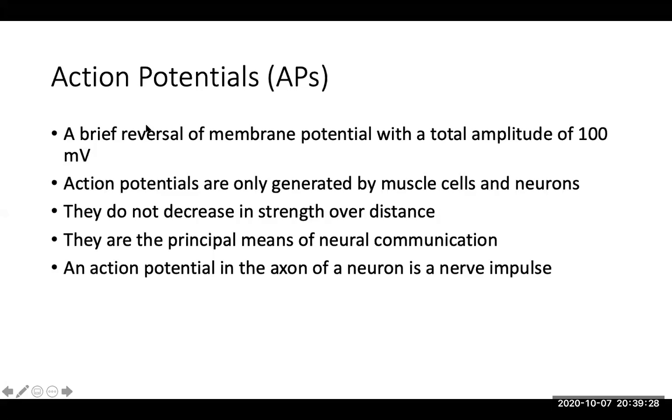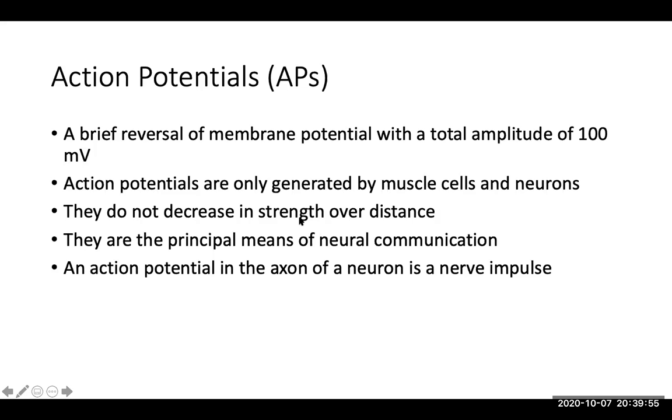And when we talk about a brief reversal of membrane potential, we're describing that there's always a negative charge on the inside of these neurons. And when a neuron gets stimulated, the charge changes by a total amplitude of about 100 millivolts. And that change in membrane potential or charge is what generates an action potential.